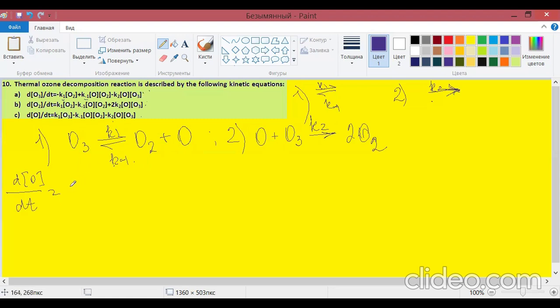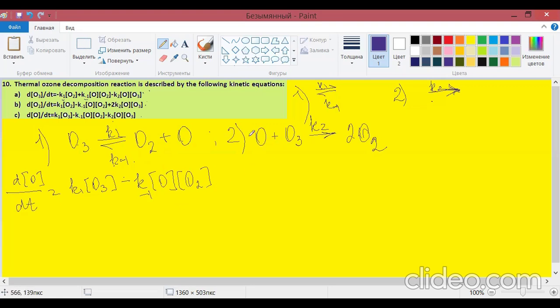So it's K1 times the concentration of ozone, because ozone decomposes yielding O. But at the same time, atomic oxygen attacks an oxygen molecule to get O3. For that reason, we got the second term of this equation.